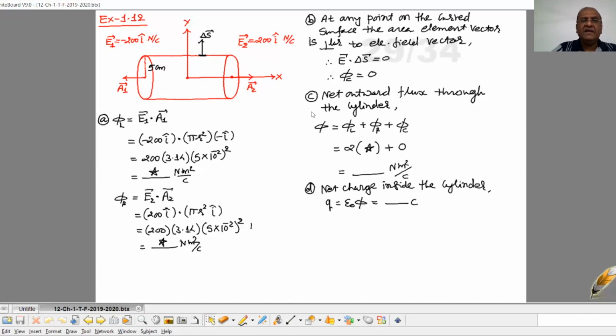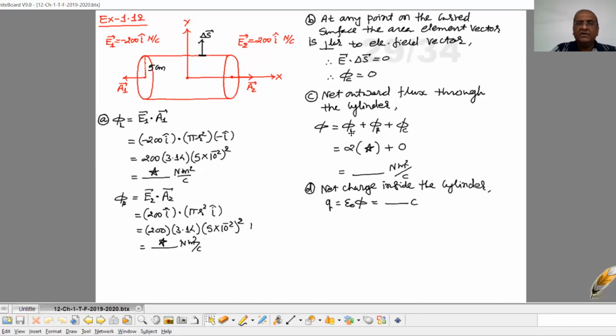Right? Then, the net outward flux through the cylinder. So we can write flux phi equal to the flux passing through the left flat face, plus the flux passing through the right flat face, plus the flux passing through the cylindrical surface.